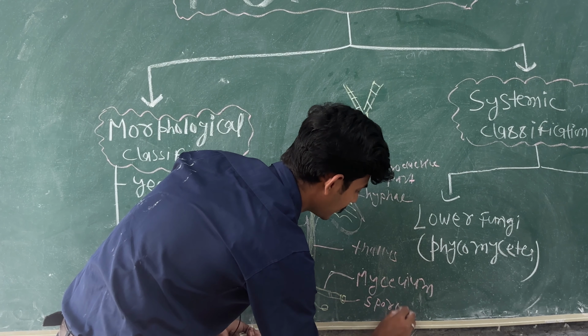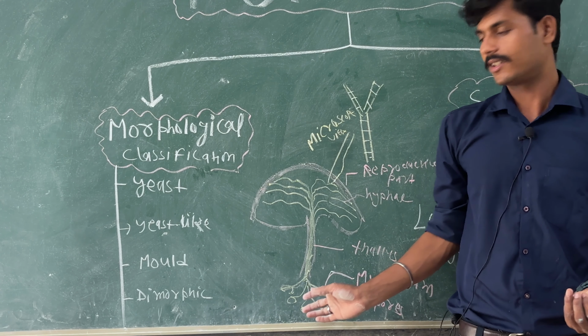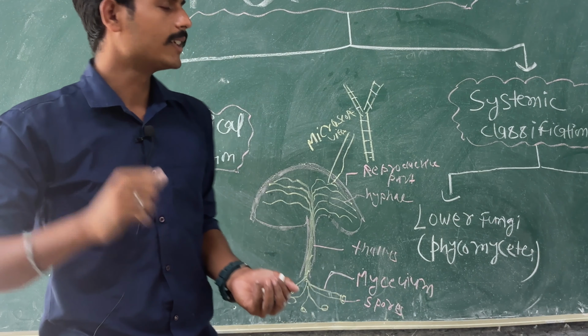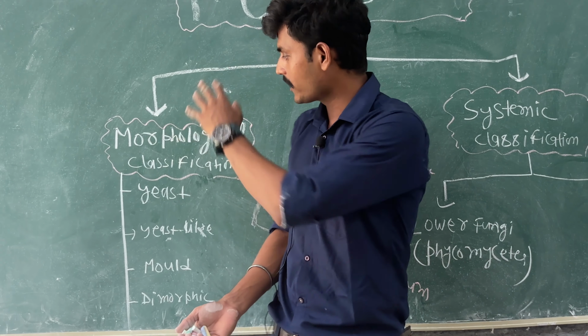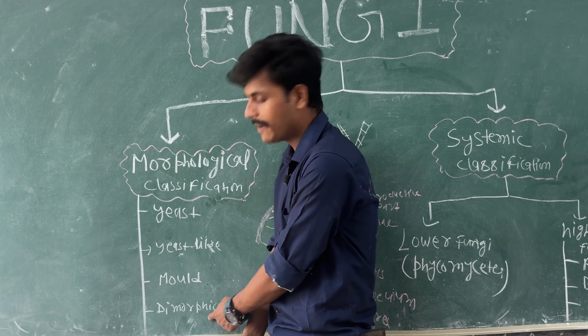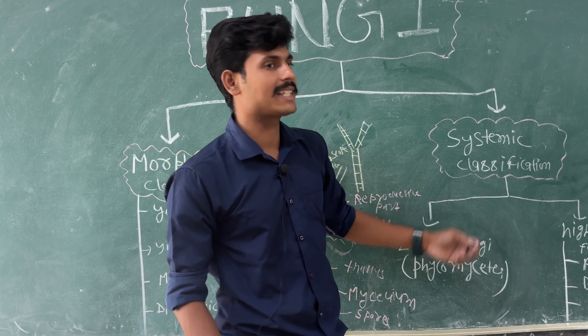This is one typical structure of fungi. Clear? So on the basis of structure, we are classifying the fungi into yeast-like organisms, molds and dimorphic. Clear?